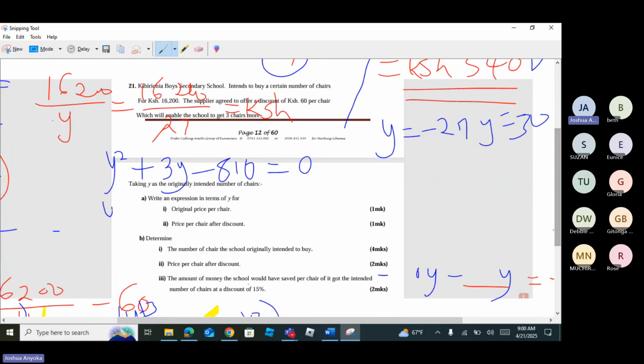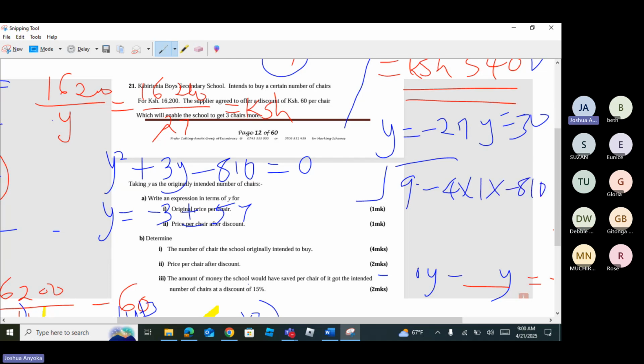The quadratic formula says y equals minus b, so minus 3, plus or minus the square root of b squared minus 4ac. We worked out until we had 57: the square root of 9 minus 4 times 1 times negative 810.